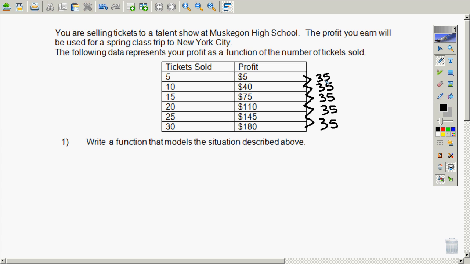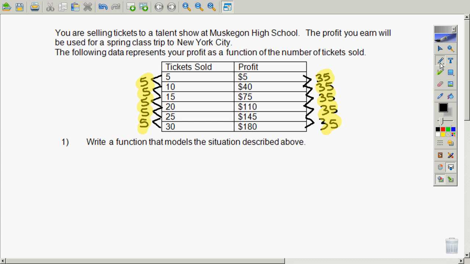And then we also should go to the other side and do the deltas of the other side, which are the tickets sold, and it looks like it's going up by 5. So we want to find the rate of change here, or the m, and we know that we would need to take these right here and divide by these right here.